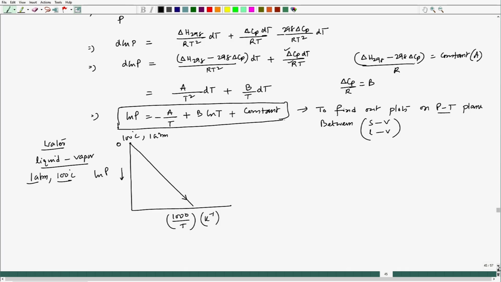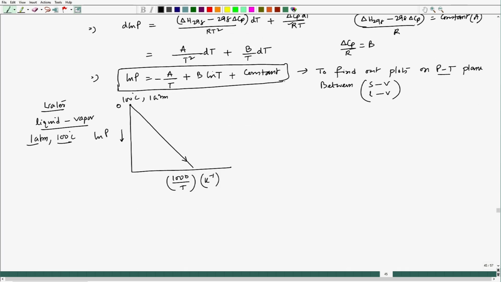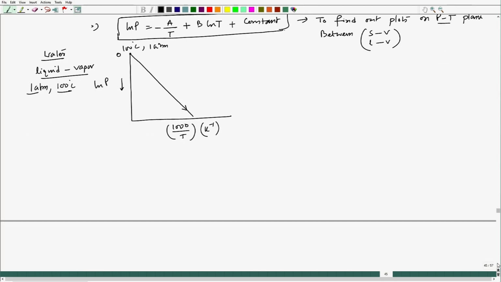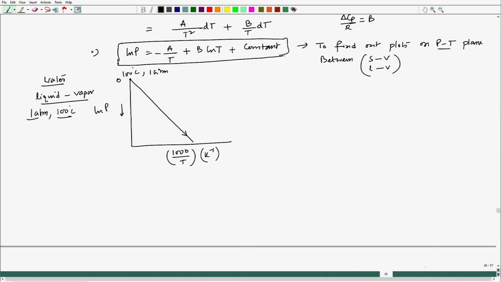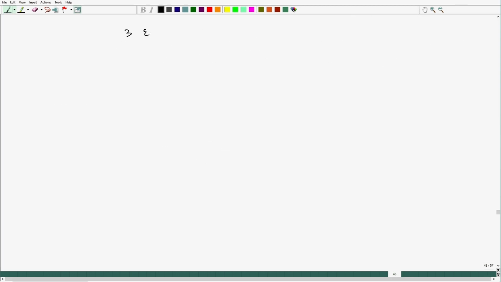In fact, when I take this equation and try to draw the equilibrium between liquid and vapor and the solid and vapor, I can actually get three equations, which will decide solid liquid equilibrium, and then another one is solid vapor.